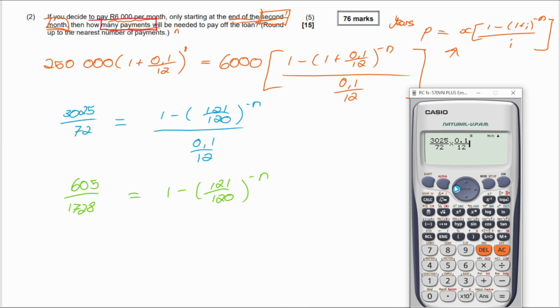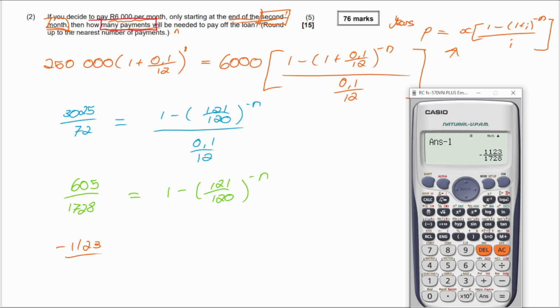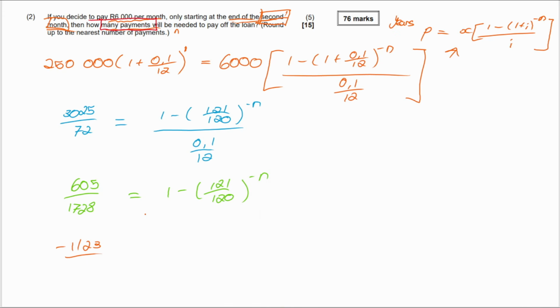I take this answer over here and minus 1 from it, and I get negative 1123 over 1728, which is equal to negative 121 over 120 all to the power of negative n.